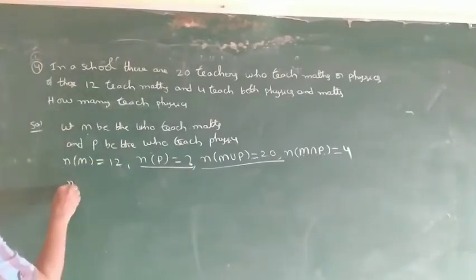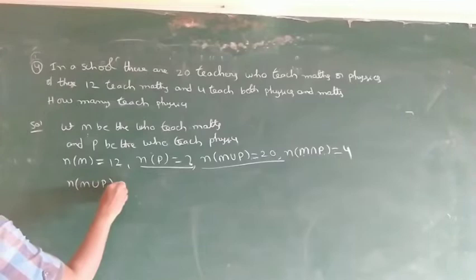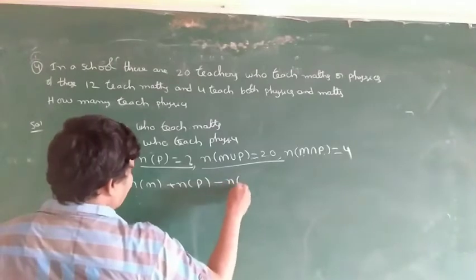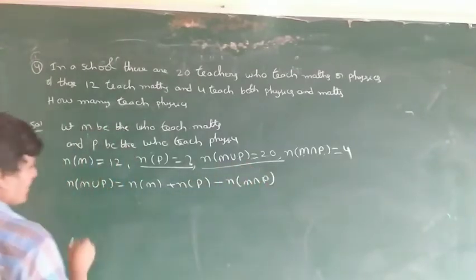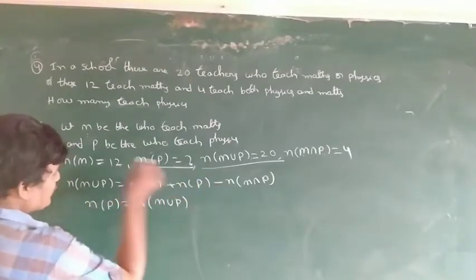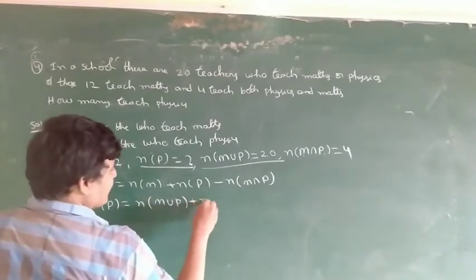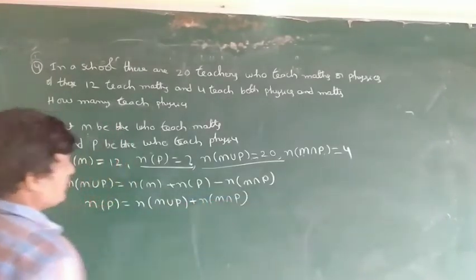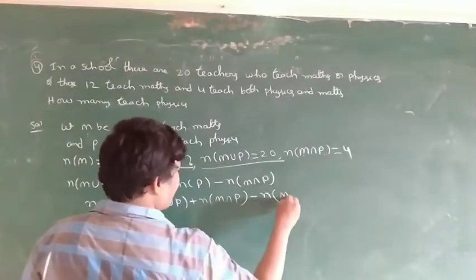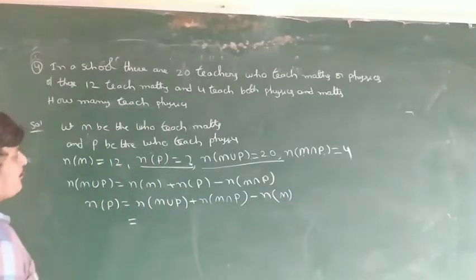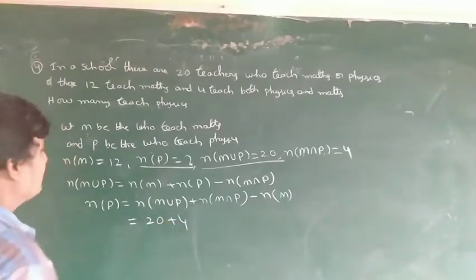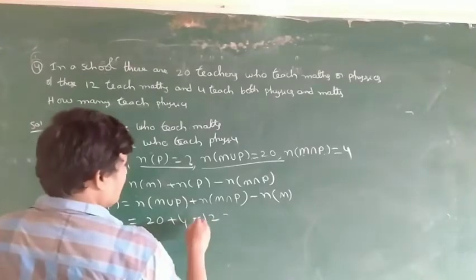So what is the formula? N of M union P is equal to N of M plus N of P minus N of M intersection P. So N of P is equal to N of M union P plus N of M intersection P minus N of M. N of M union P is 20, M intersection P is 4, N of M is 12.